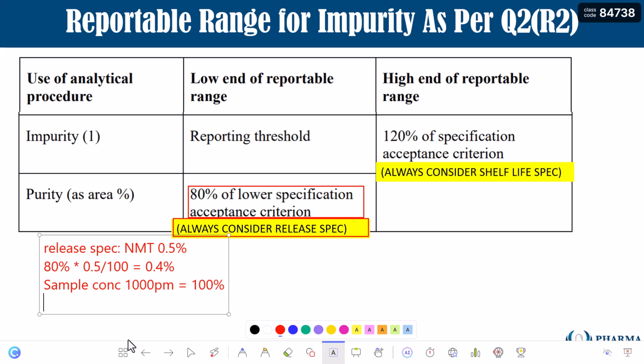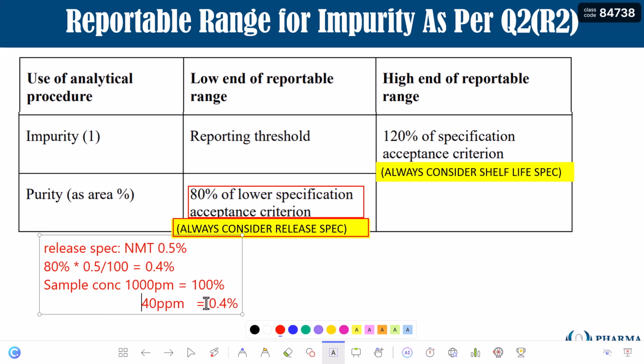So how much is going to be my 0.4%? Is it going to become 40 ppm, right? So it is going to become 40 ppm.